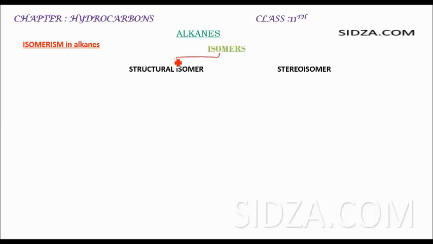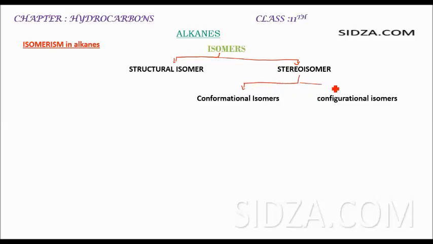One is the structural isomer, another is the stereoisomer. Among the stereoisomers, there are two types: conformational and configurational. Configurational isomers are further of two types: geometrical and optical.